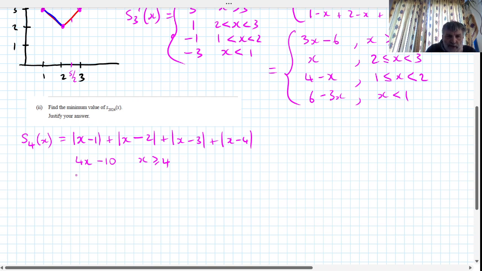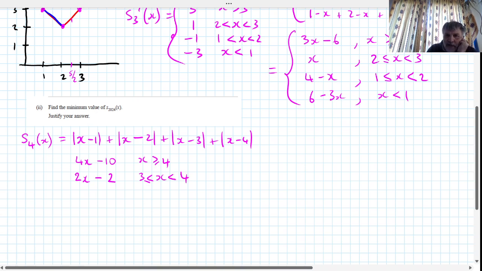We get 3x minus x, which will be 2x. That's minus 6 plus 4 will be minus 2 for 3 less than or equal to x less than 4.